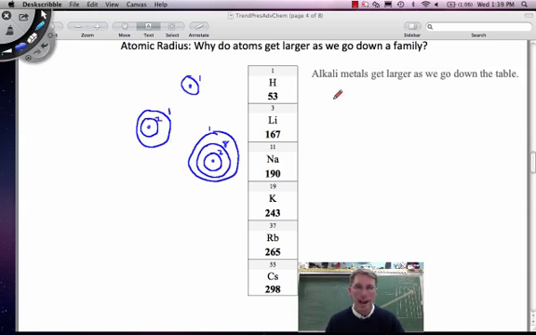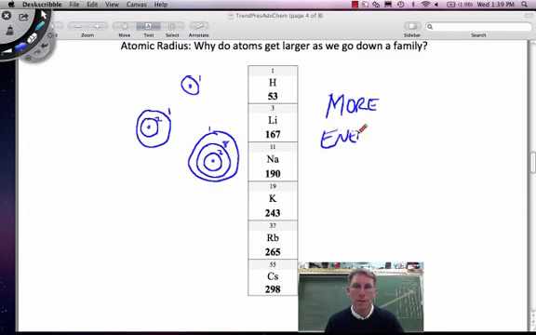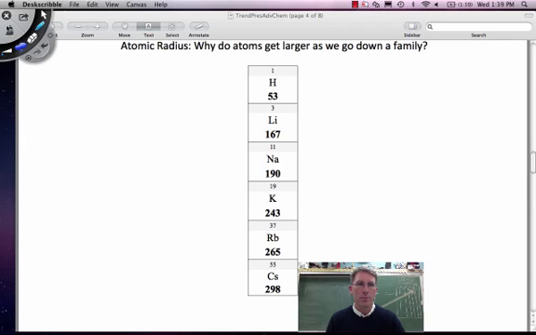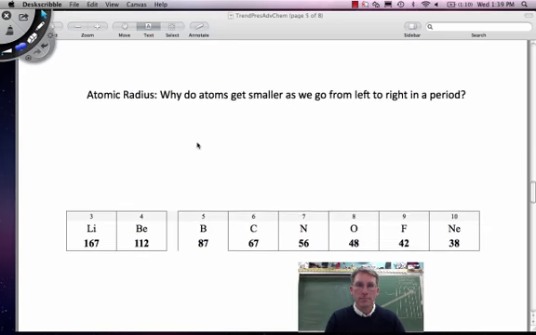As we head down, we get more rings, more energy levels, and more energy levels equals bigger size. So far so good. But that won't explain another move that we're going to explore right now. Let's go to the next slide.